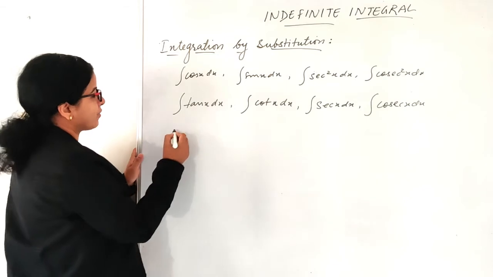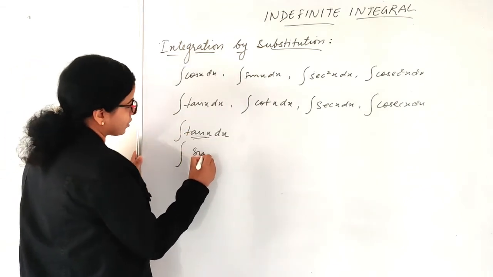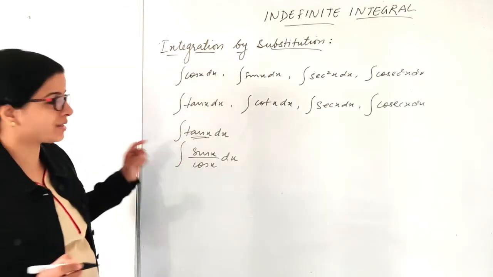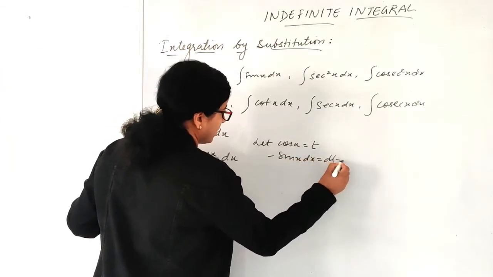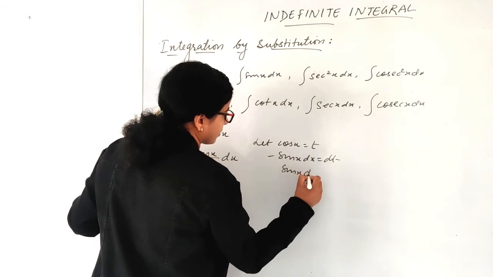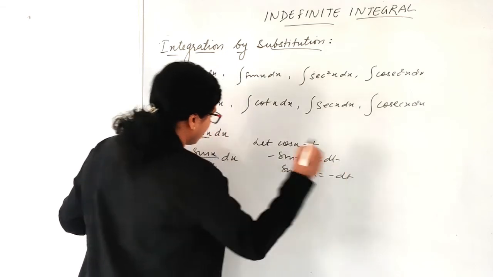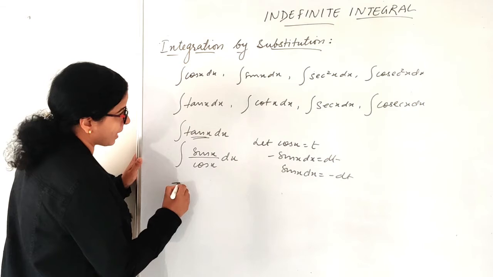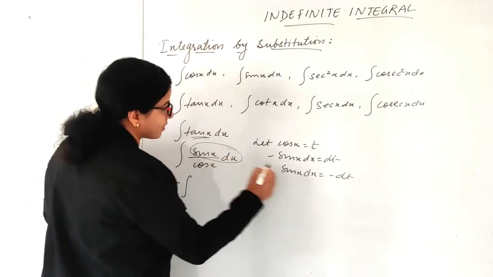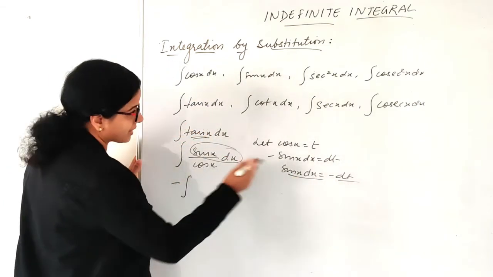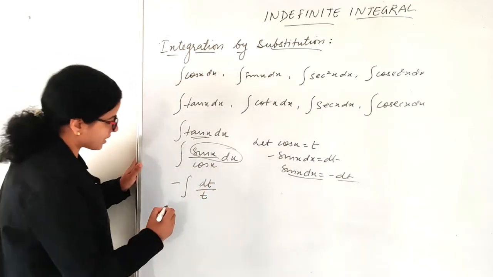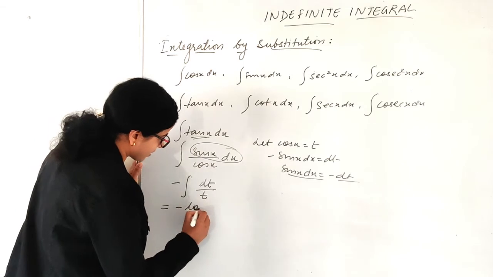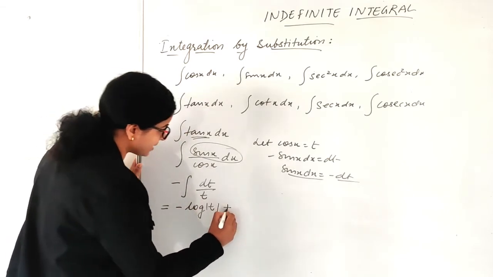Okay. So let us take tan x, write it in sin cos form. Let us assume cos x as t, so minus sin x dx is equal to dt. Sin x dx is equal to minus dt. So what will it become? Minus sin x dx will be replaced by minus dt. So minus, I have already taken out, dt upon t, which is nothing but equal to minus log t plus c.